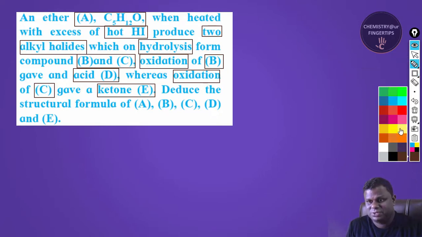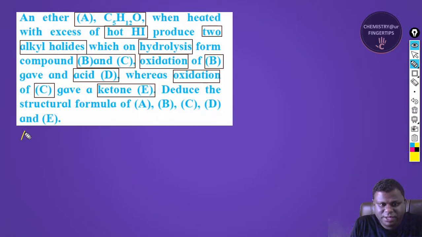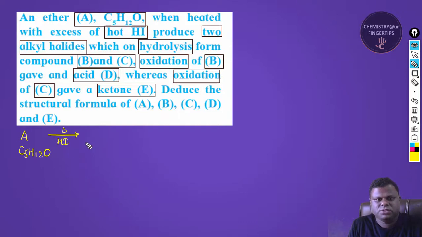Okay, so let's say you have an A. Okay, A is nothing but an ether, right? A is basically an ether C5H12O, right? So let's first write down what exactly. Now this on heating with excess of HI, hot HI, right? Excess. So I think I'll write here excess over here, and it produces alkyl halides.